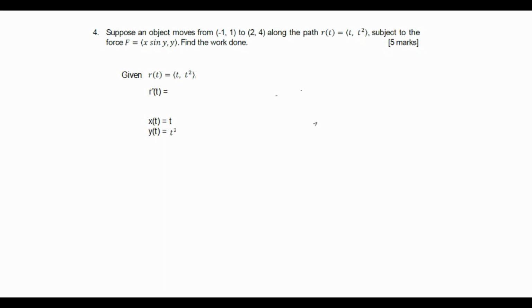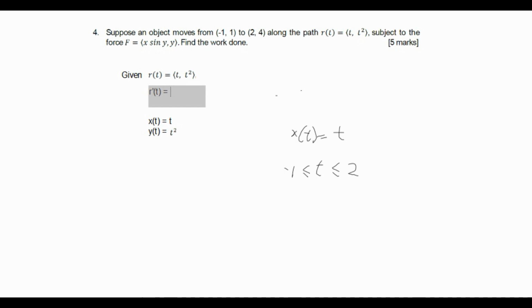As you can see, x(t) is simply t. So this means that x must be t. So you can simply take the limits of -1 to 2 as the limit for t. So t will be -1 to 2. Alright, it's very important.